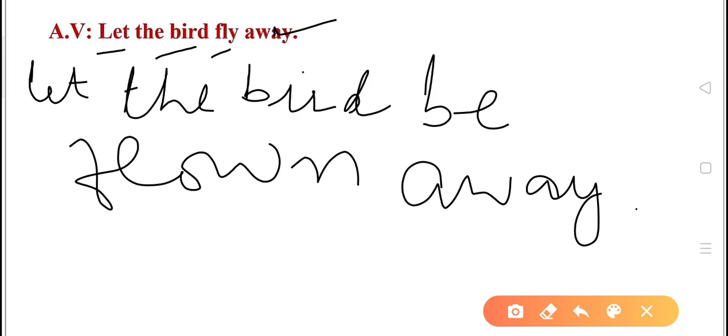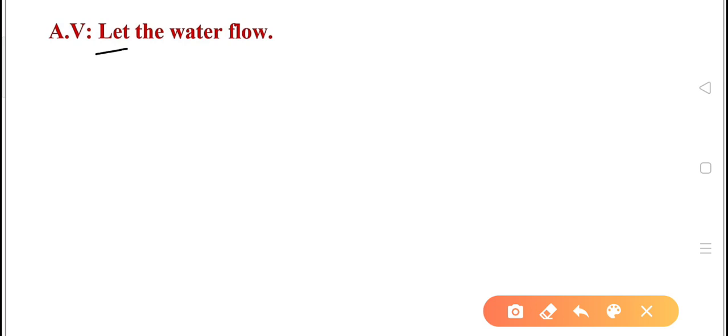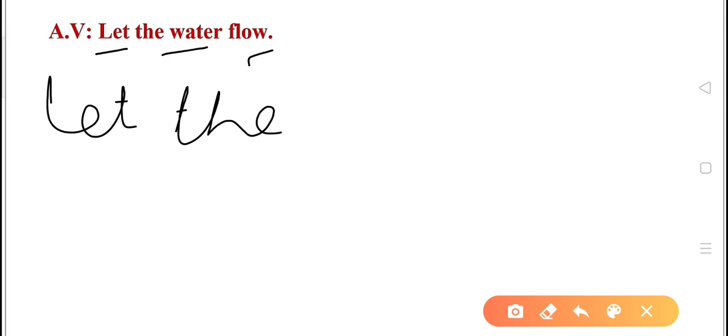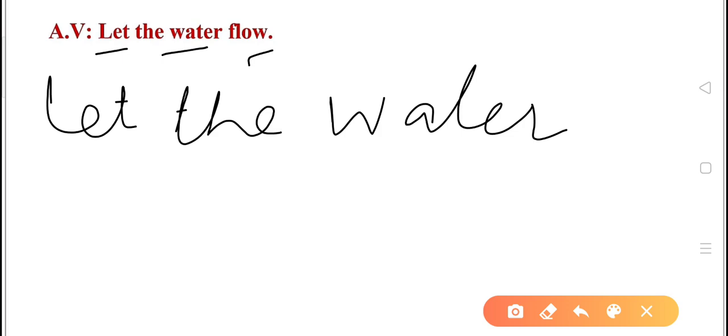Now let's see the second sentence and we'll change it. Let the water flow. So we have let, then object, the water, and verb flow. This time we do not have any adverb. So the sentence will be let the water. We know the first two steps are to be repeated.